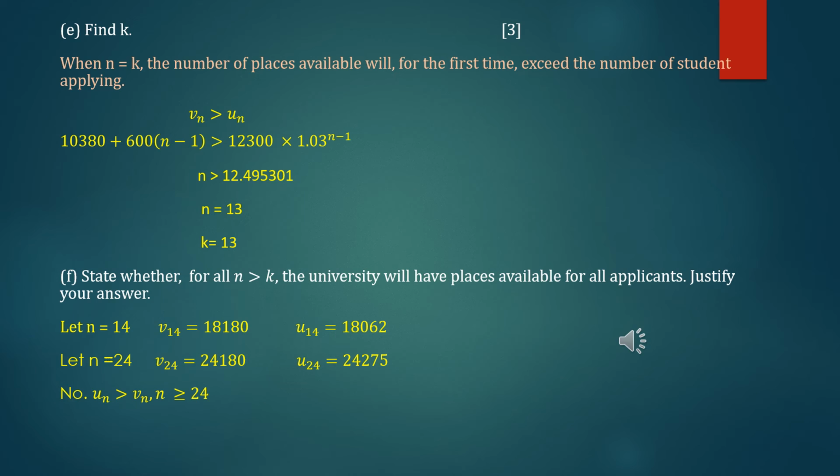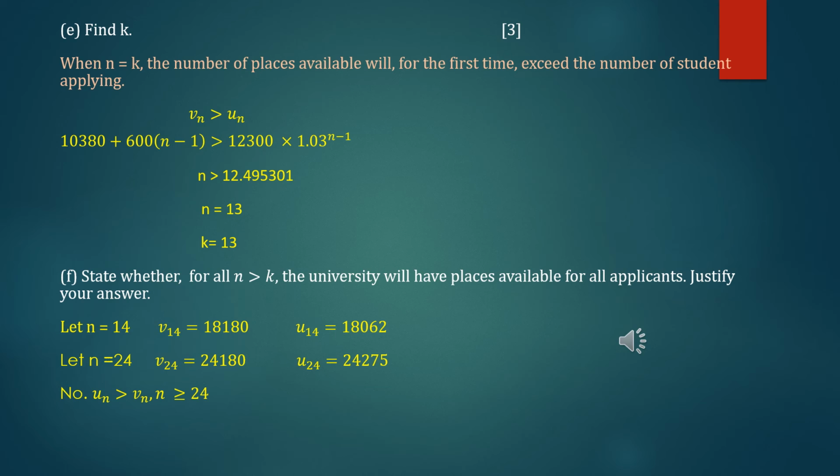And from there on, the pattern goes on that there are more students applying than the university can accommodate. So the answer here is no, because when our n is greater than or equal to 24, our U sub n is greater than V sub n, meaning there are more students applying and fewer places available.